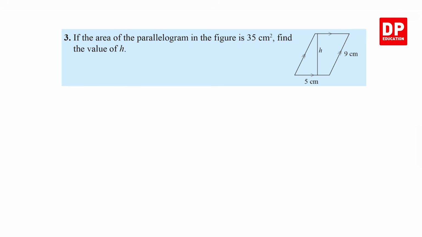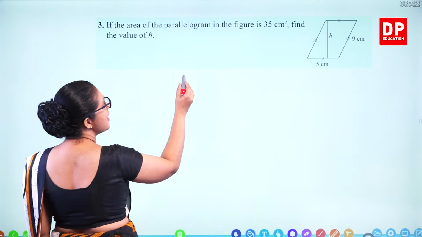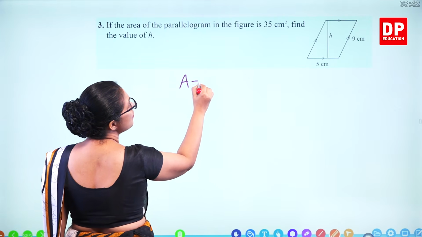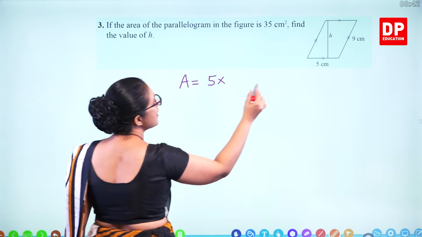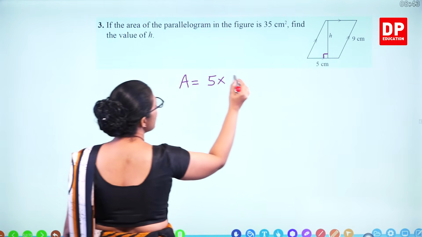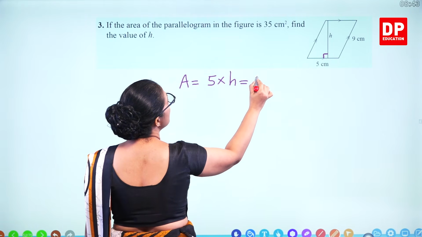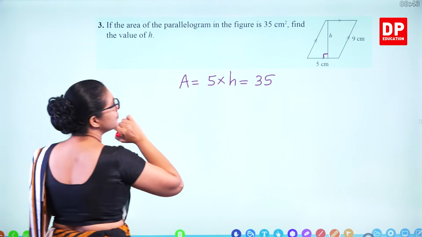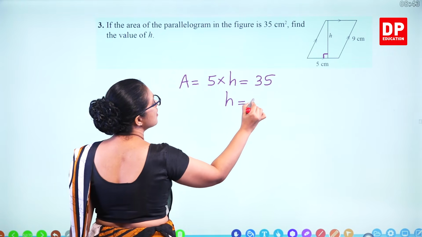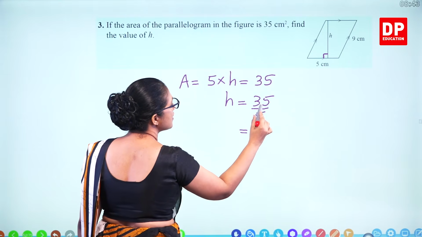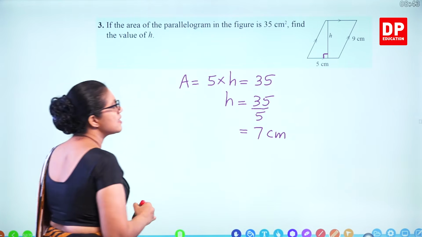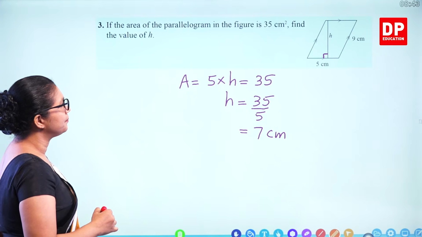If the area of the parallelogram in the figure is 35 square centimeters, find the value of H. So what's the area? Area is equal to 5 times perpendicular height. This should be the perpendicular height, H. That's given 35. So what's H? We divide by 5. 5 times 7, 35. So H is 7 centimeters.